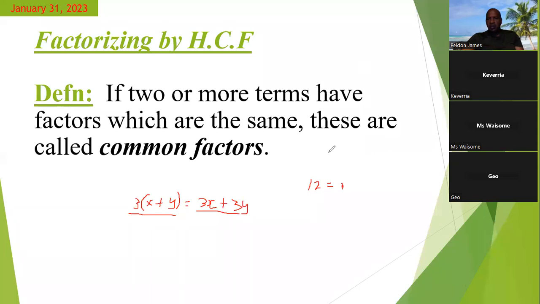And so 2 and 6 here would be written as 2 times 6. And 2 times 6, we know that that would be equal to 12.